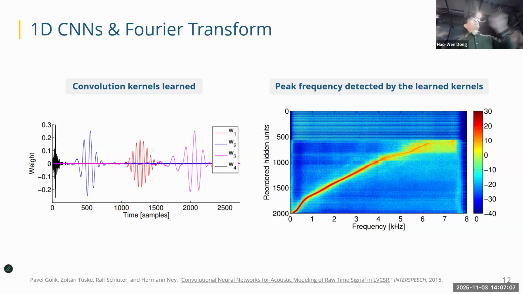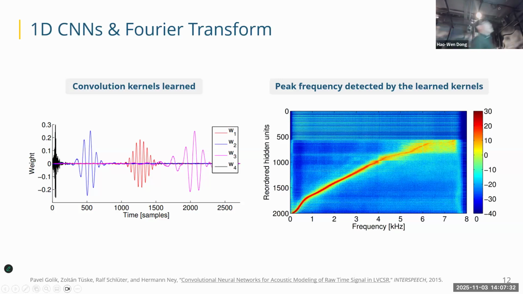Each has a different frequency that it's detecting. Where's my cursor? Yeah, this one has a higher frequency, this one has a lower frequency, and this one has an even lower frequency. It's very interesting to see that these 1D convolutional kernels are actually learning these different frequencies.